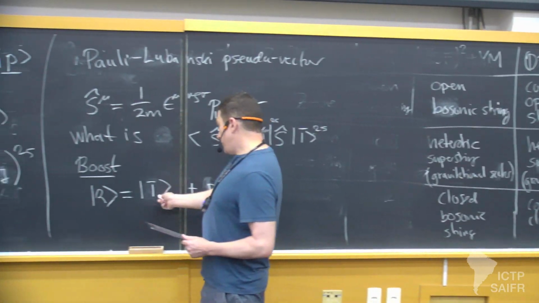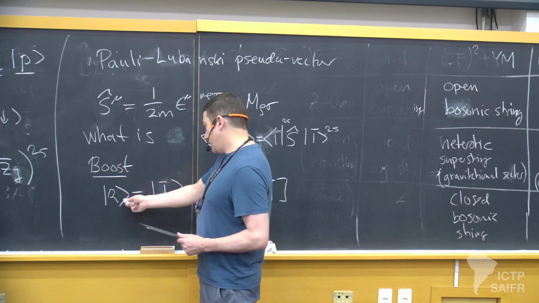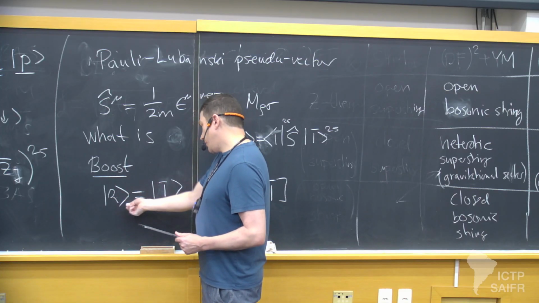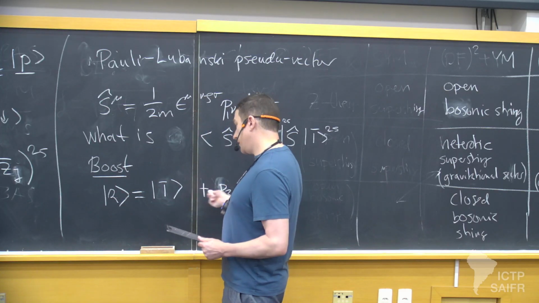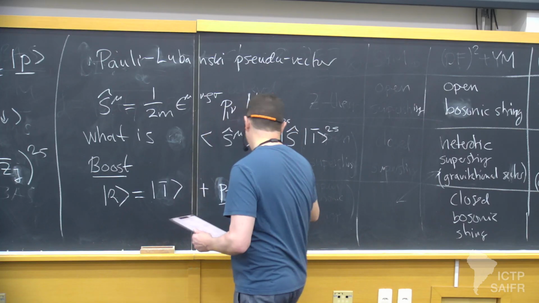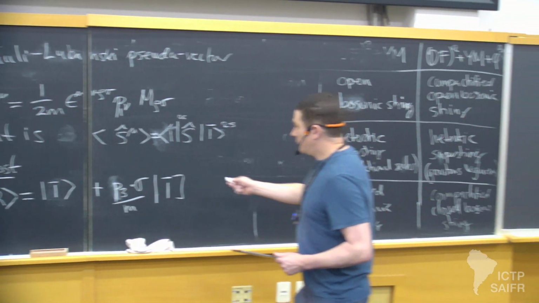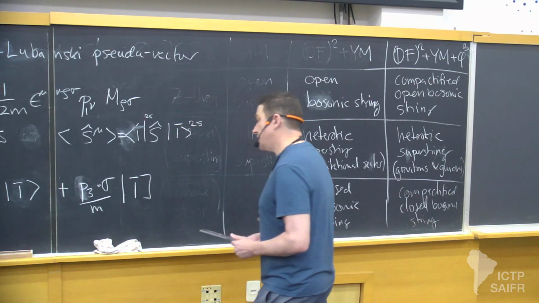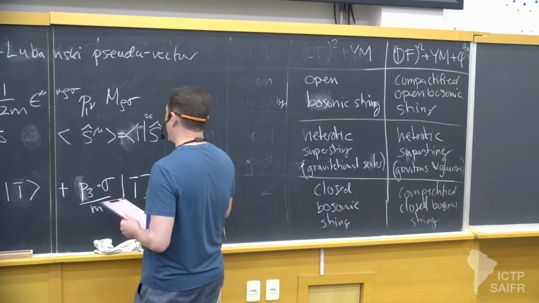So what we have shown here is that the ket for particle 2 is a linear combination of the angle ket and the square ket for particle 1. So this is just a change of variables. That's one way to think of it.